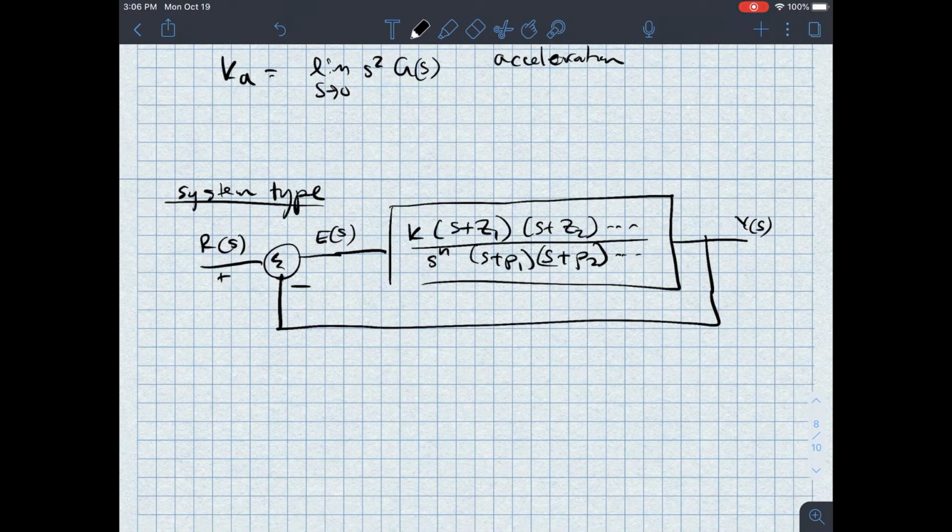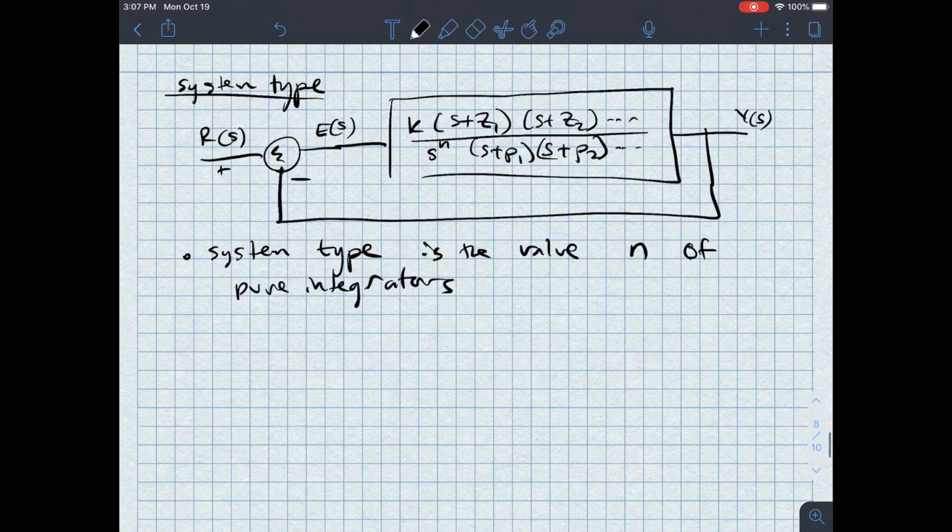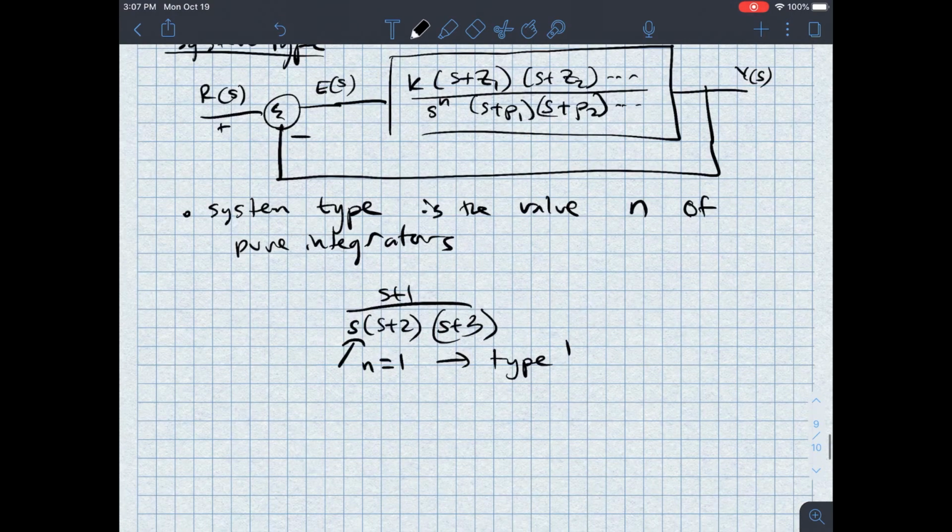Now, what I'm going to say is that the system type, and this is very important, so I want to make sure that you catch this, is the value N of pure integrators. So in other words, if I have a system which looks like (s plus 1) over s(s plus 2)(s plus 3), there is exactly one, N equals 1, and so I call this type 1.